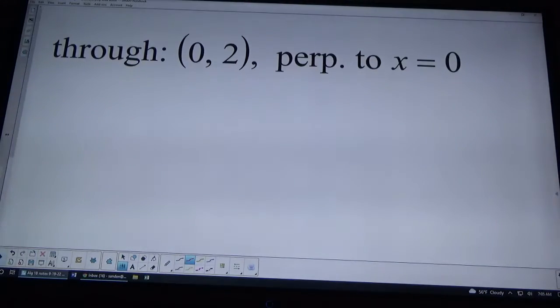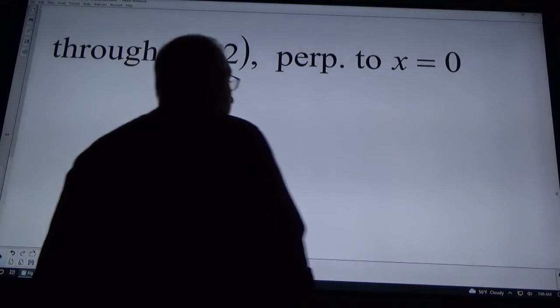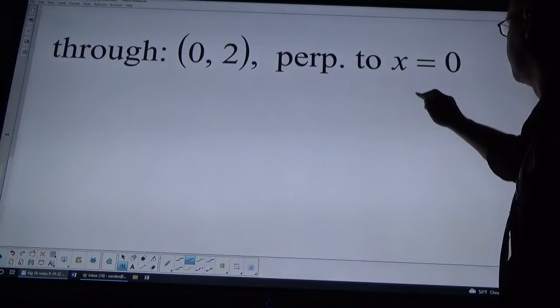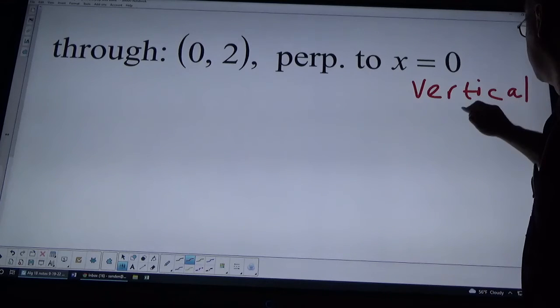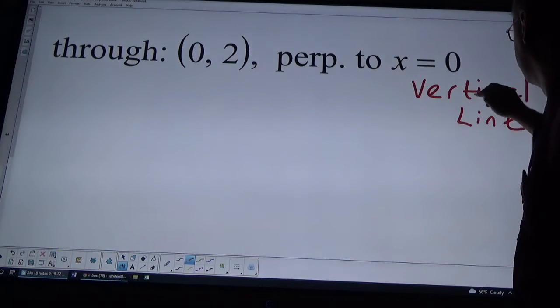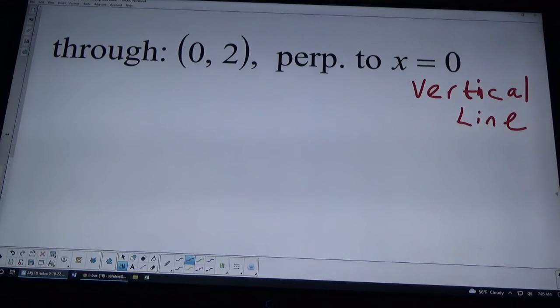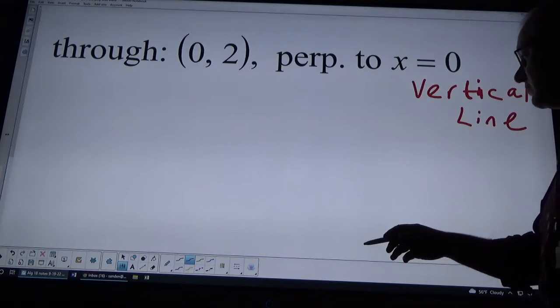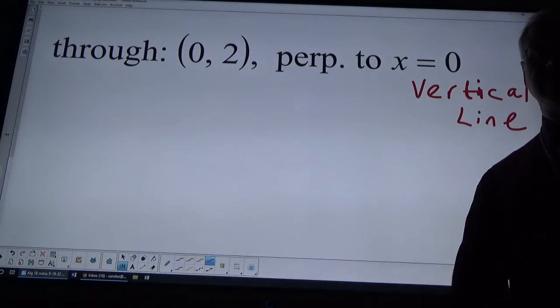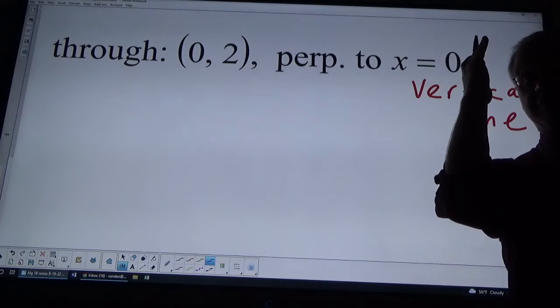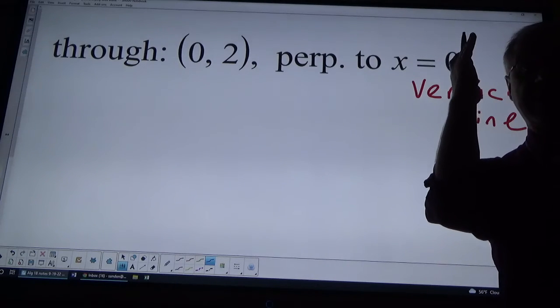And our last example. Hey, we're back to x equaling a number, and we said before that that's a vertical line. It's a vertical line when it's x equals a number. Well, if the equation x equals 0 is a vertical line, what's perpendicular to that?